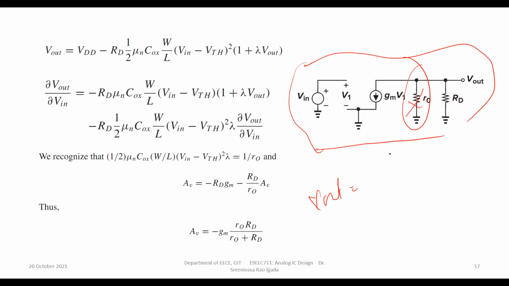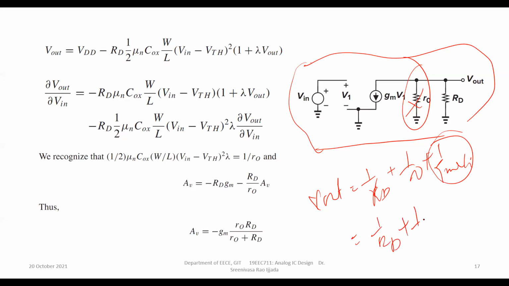So V out is equal to 1 by RD plus 1 by R naught plus, sorry, this is only GM, voltage. This is what? GM into V1.